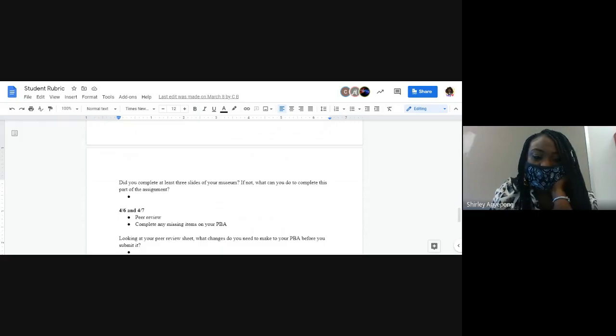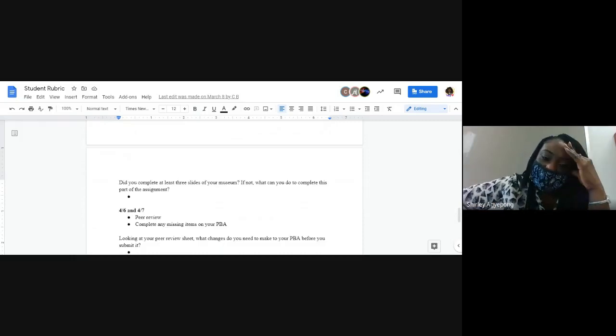It says let's review the rubric to see what you have left to do. So just click on it, and then click on your museum because you'll be comparing the two, the rubric and the museum, to see if you have anything missing at all.